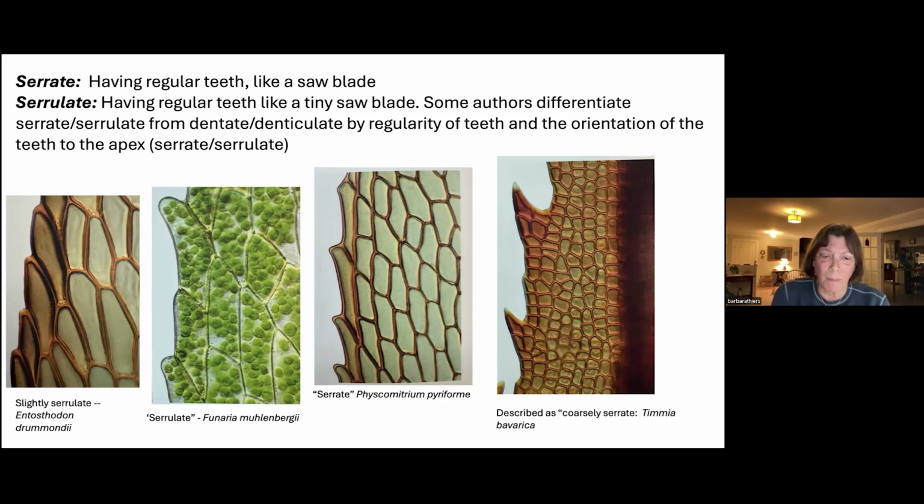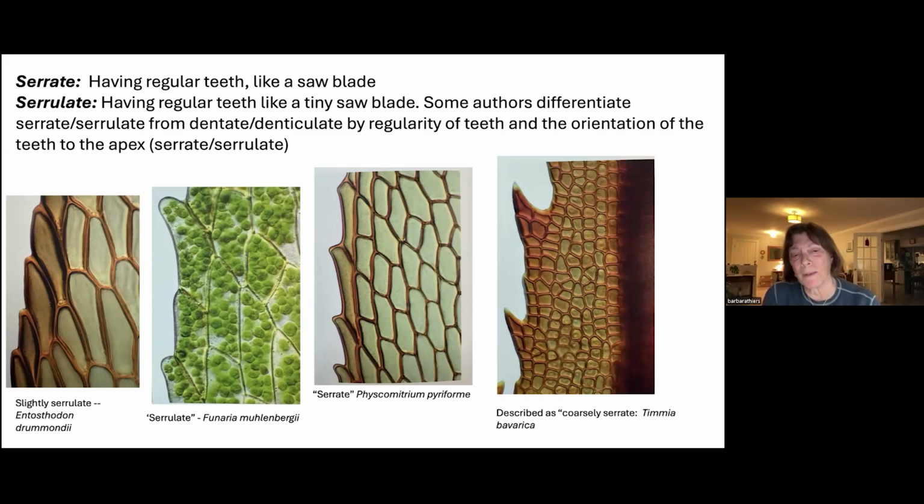But it's a little problematic in the way it's used as well. Slightly serrulate seems okay. Very, very small teeth. They're all very regular though. Serrulate is used for Funaria muhlenbergii. Guess that's okay, but they're not really sharp. That doesn't recall a saw blade to me somehow.